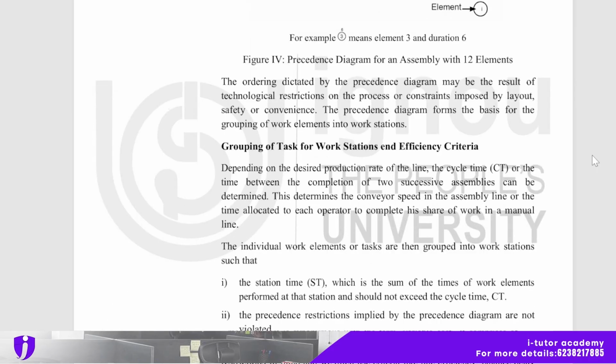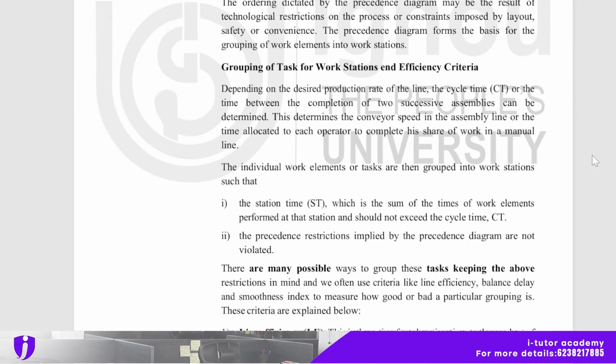Next is grouping of tasks for workstations and efficiency criteria. Depending on the desired production rate of the line, the cycle time, that is CT, or the time between the completion of two successive assemblies, can be determined. This determines the conveyor speed in the assembly line, or the time allocated to each operator to complete his share of work in a manual line.